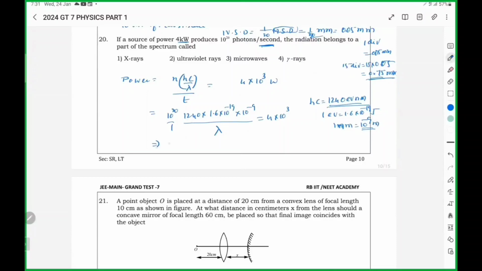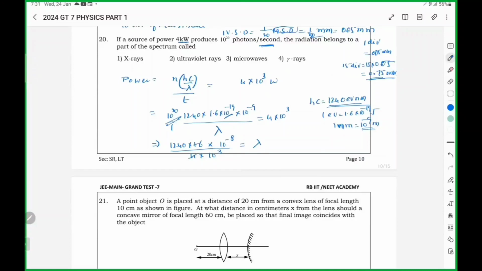So 1240 into 1.6, 10 power minus 19, 10 into 10 power minus 9, by 4 into 10 cube is lambda.